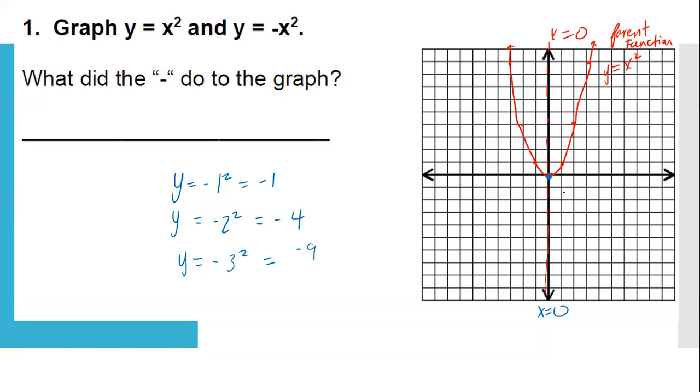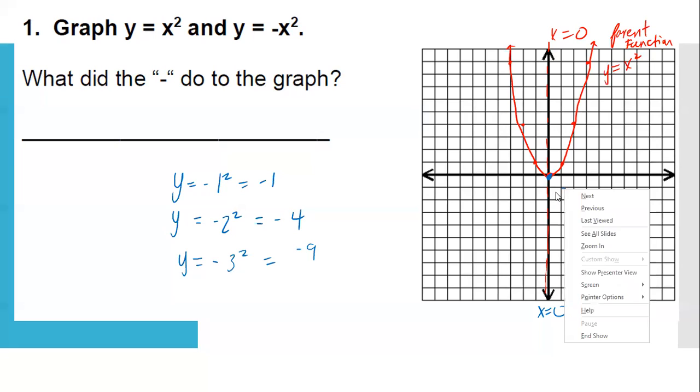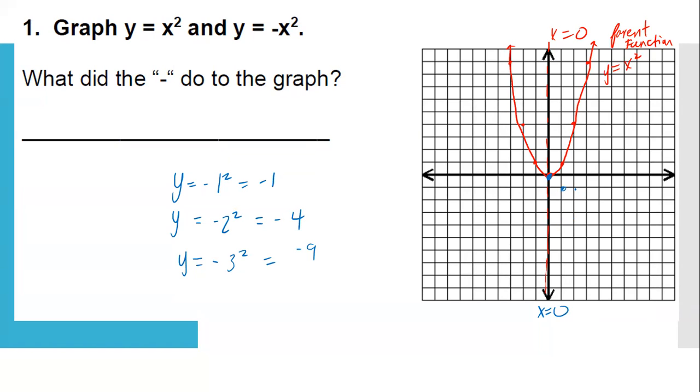So my points here are at 1, negative 1, 2, negative 4, and 3, negative 9. I'm going to reflect across the axis of symmetry.